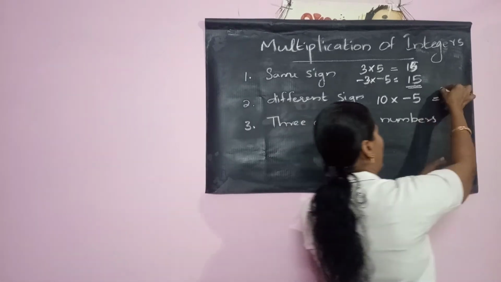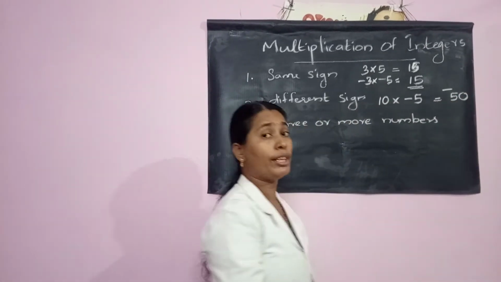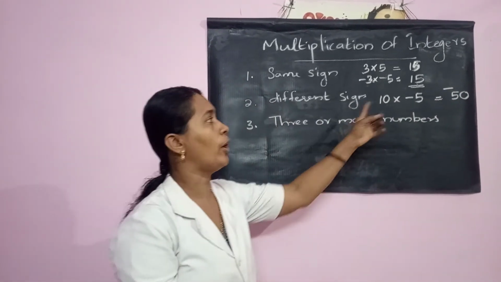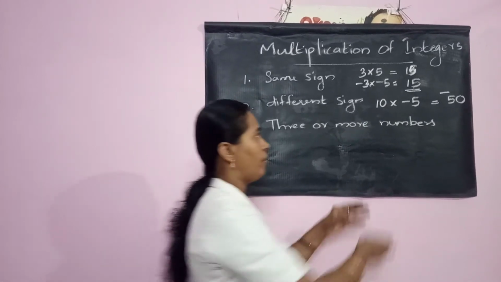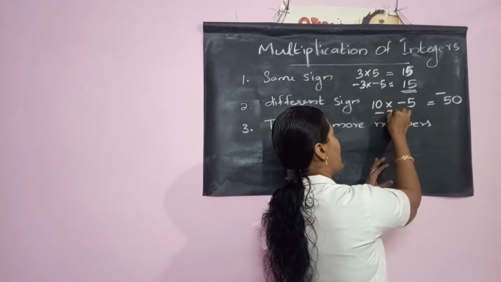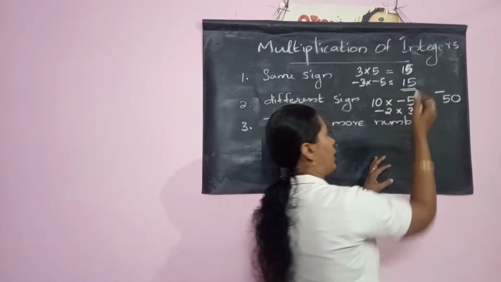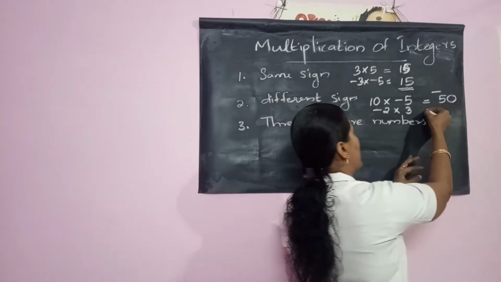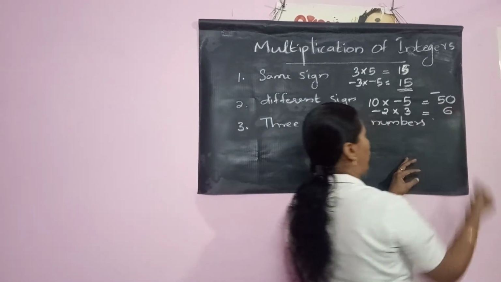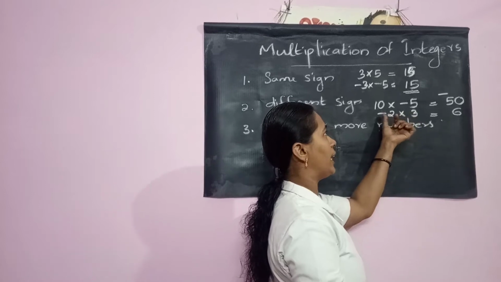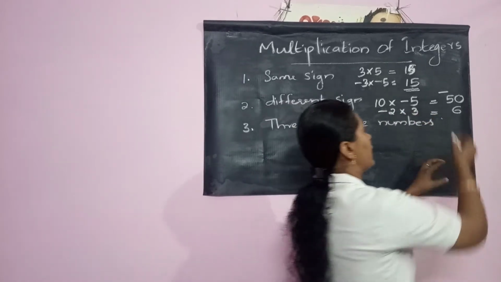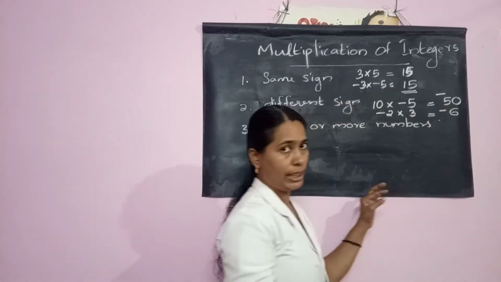When you choose numbers of different signs, the product is always negative. Once again, one more: minus 2 into 3. First you get the number product 6. Then you think about the sign: different signs, one negative, one positive, so the result is also negative.